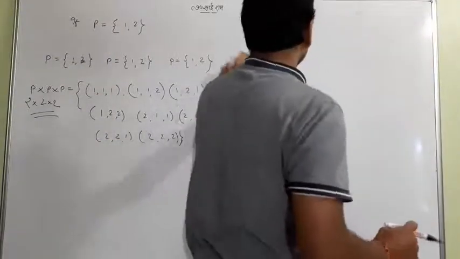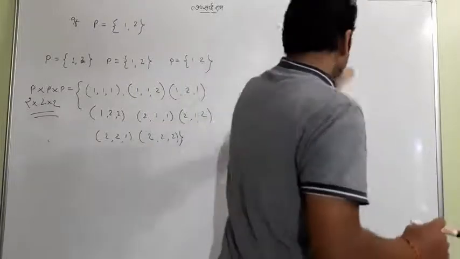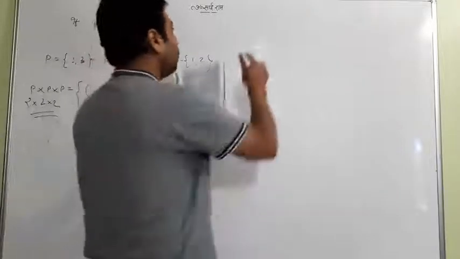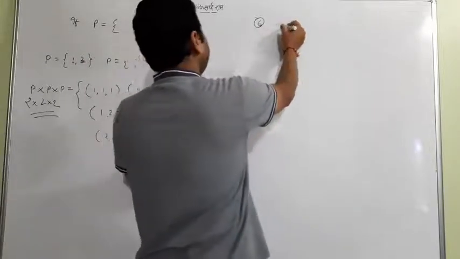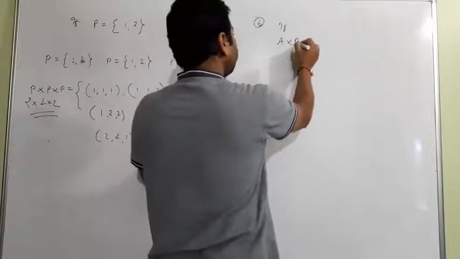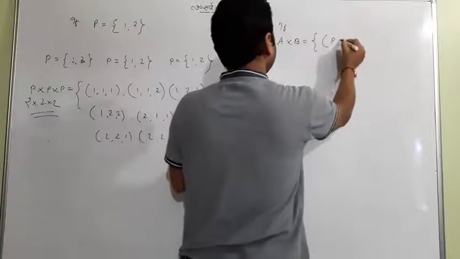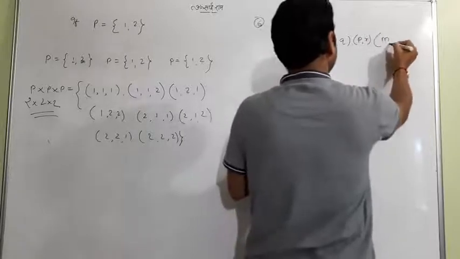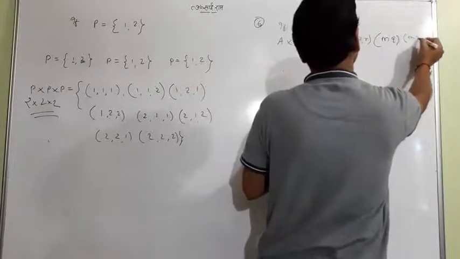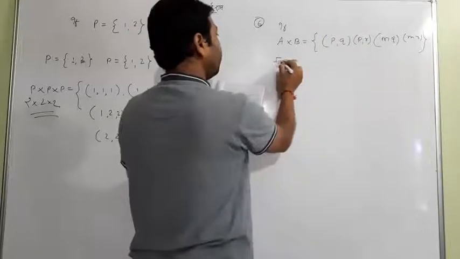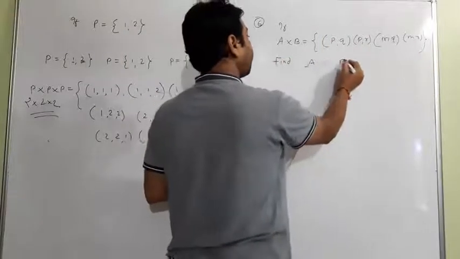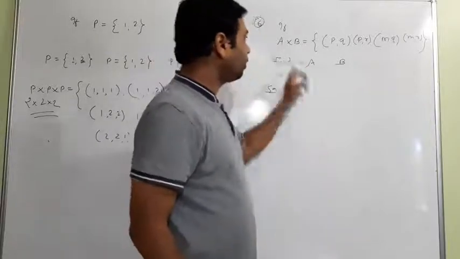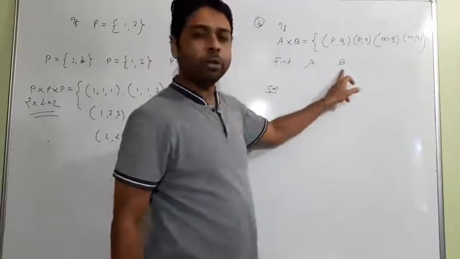Now let me explain the reverse question. This time you will be given the Cartesian product and told to find the sets. Example number 6. If A cross B is PQ, PR, MQ and MR, now find capital A and capital B. This is a reverse question, where the Cartesian product is given and you are told to find the individual sets.